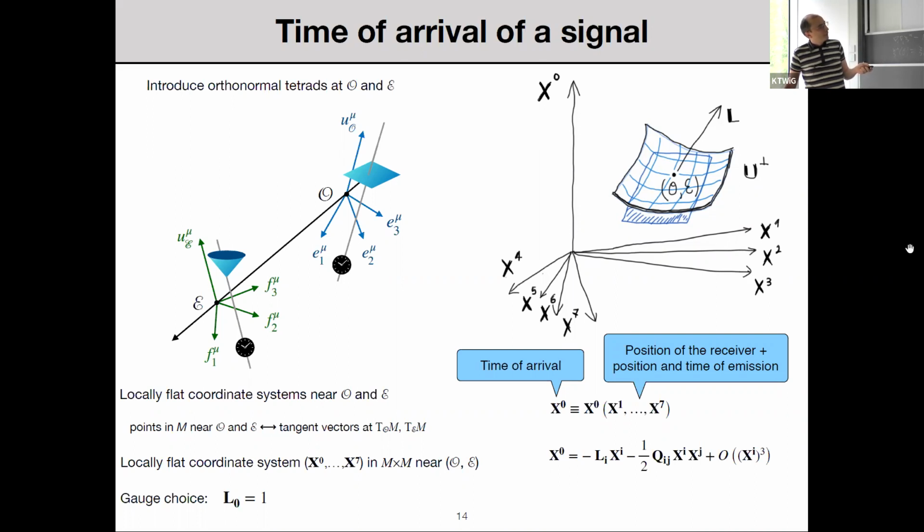And then you've got a quadratic term given by Q. And this Q is nothing else but the extrinsic curvature expressed in the appropriate coordinate system here. So when you calculate everything from the previous part in a particular coordinate system, you get exactly the time of arrival in terms of the displacements and the quadratic term, which is given by Q. Okay.